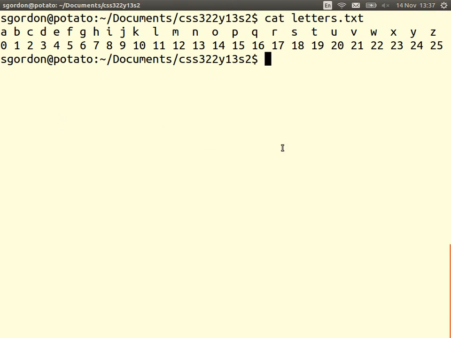So the plaintext is Steve, the key is I, 8. Just encrypt that. But think of it from the numbers perspective, the mathematical perspective.